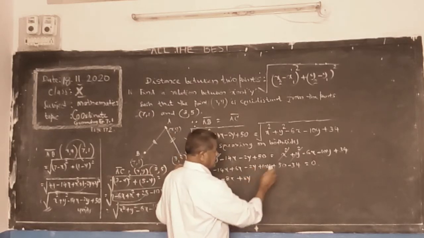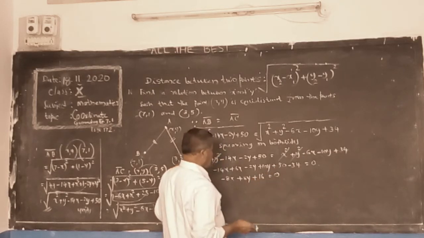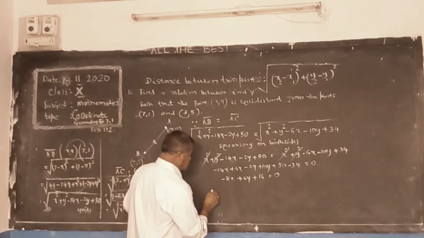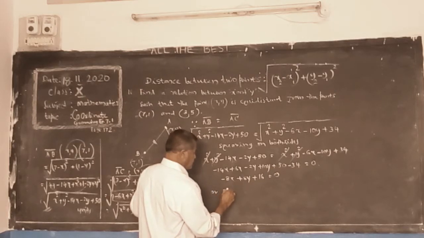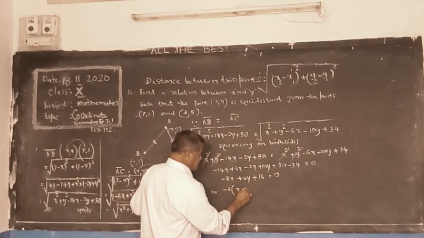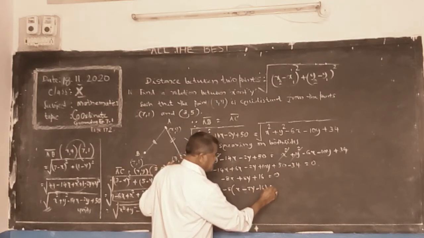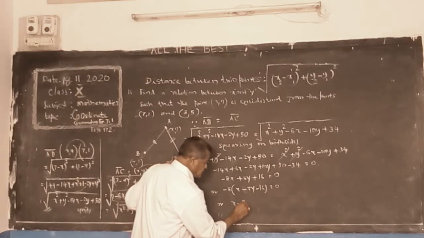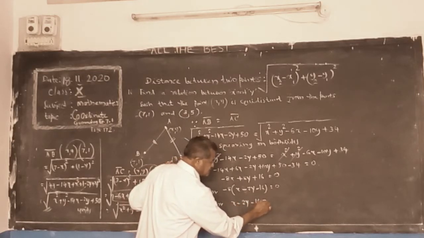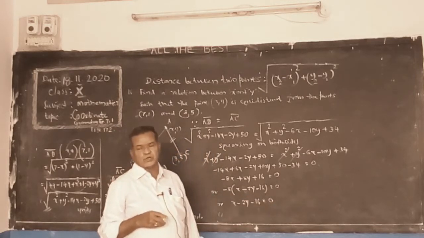We can take minus 8 common: minus 8 times (x minus y minus 2) equals 0, so x minus y minus 2 is 0.